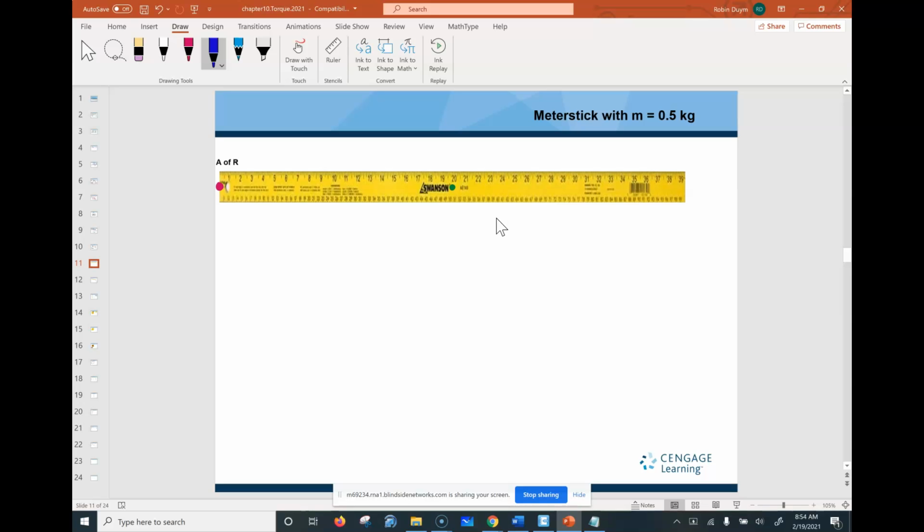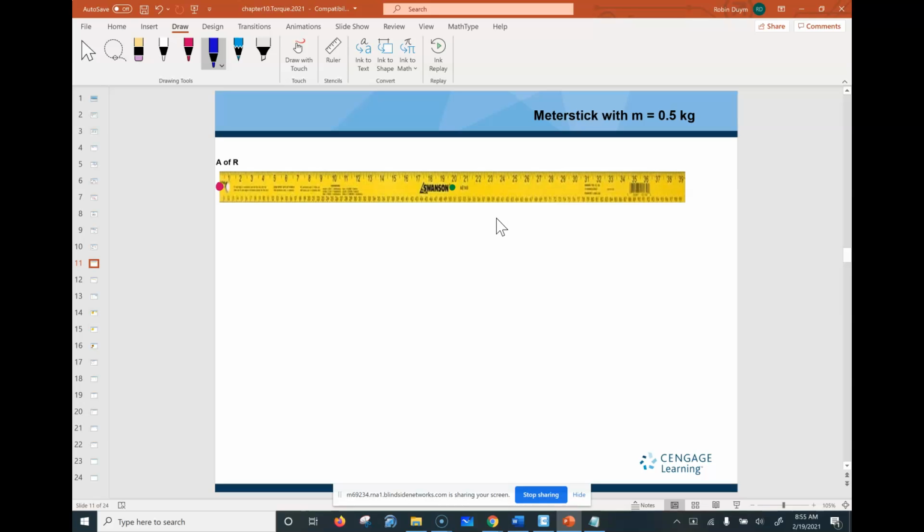What do you think that little green dot is for? Would that be the center of mass? You got it. So that's going to be the center of mass.